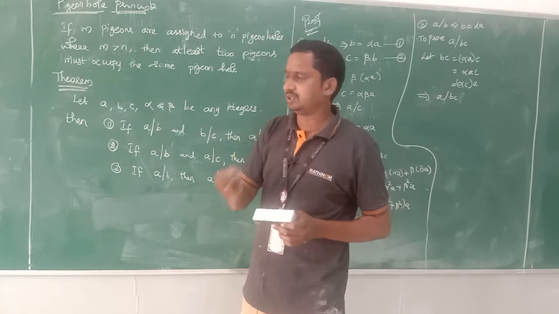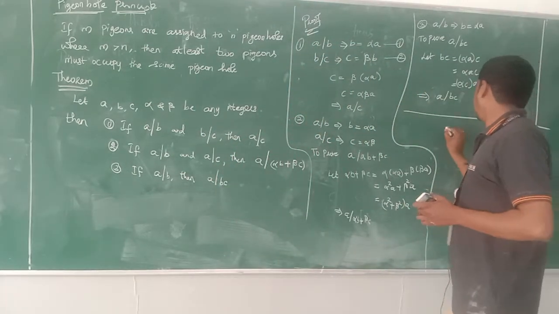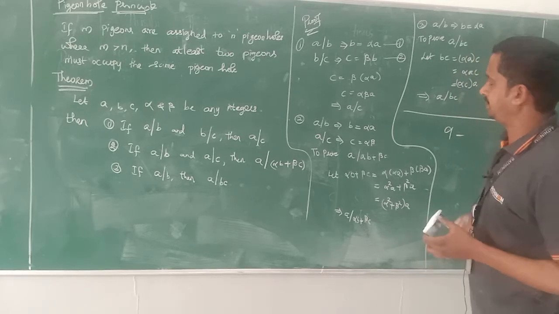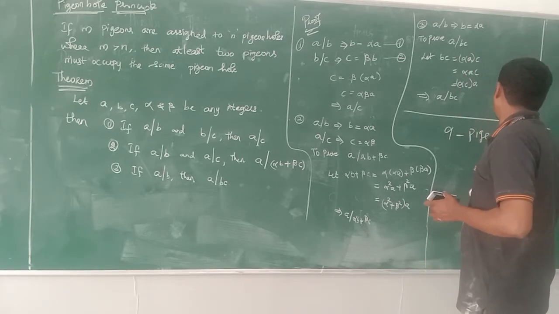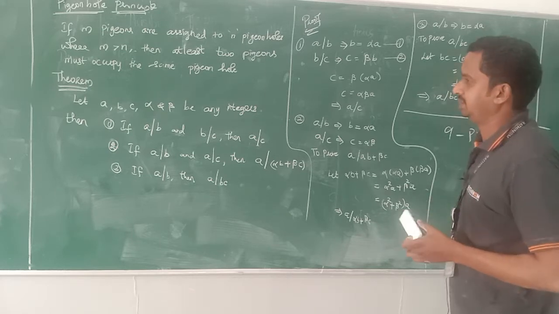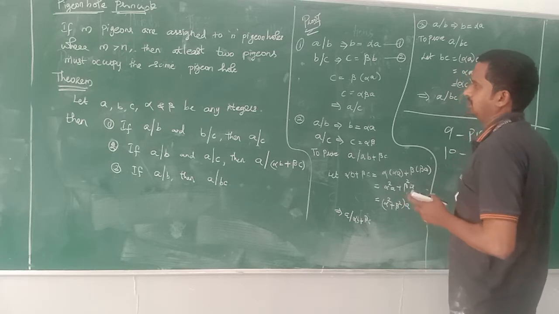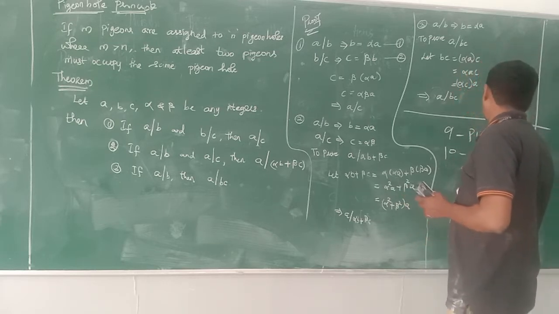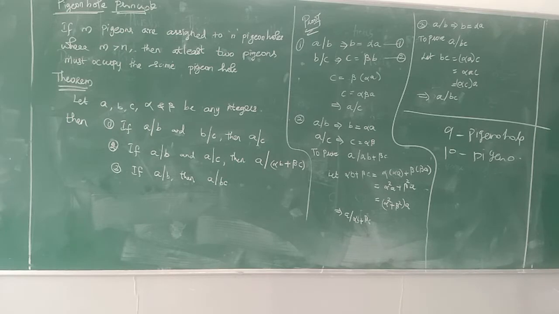For example, a small example. In your set, 9 pigeonholes are there, then 10 pigeons. 9 pigeonholes, 10 pigeons. Now each and every one you can generally map.